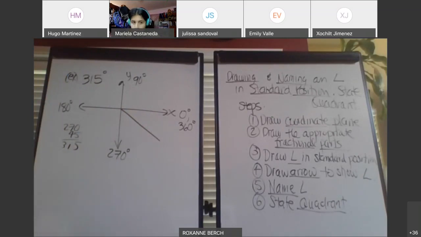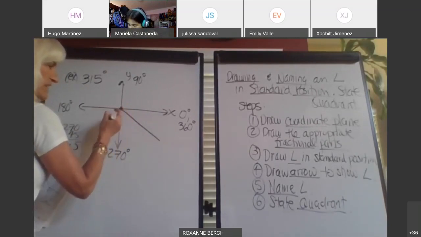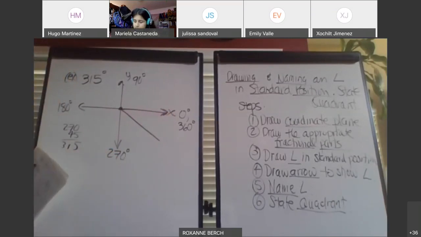So let me draw the angle now. So here is your initial side with the vertex at the origin, initial side lying on the positive x-axis.